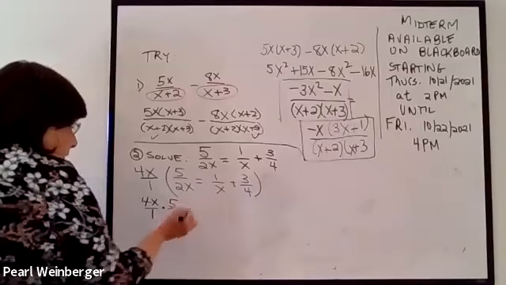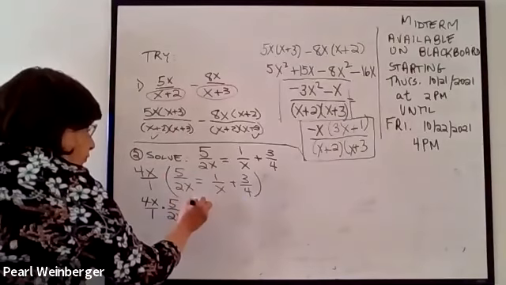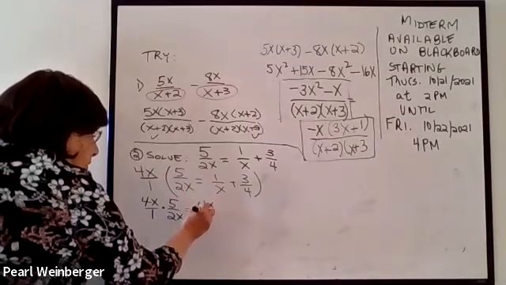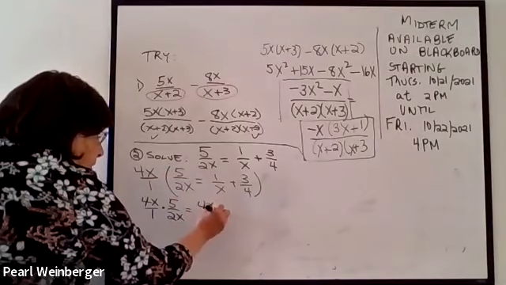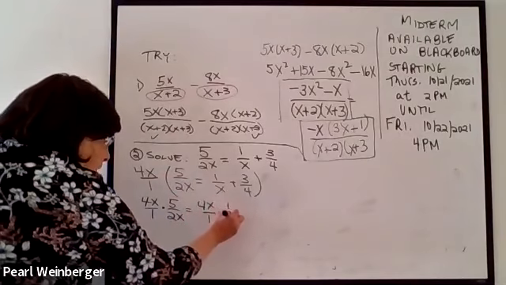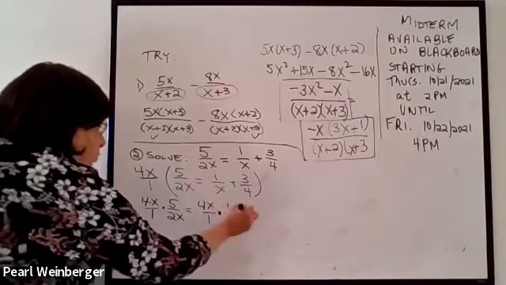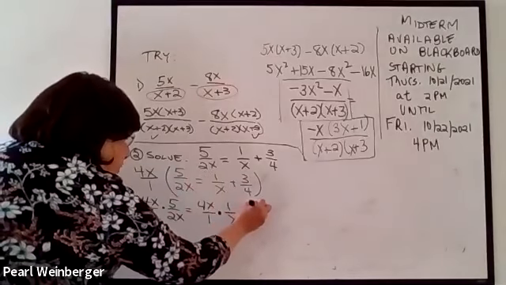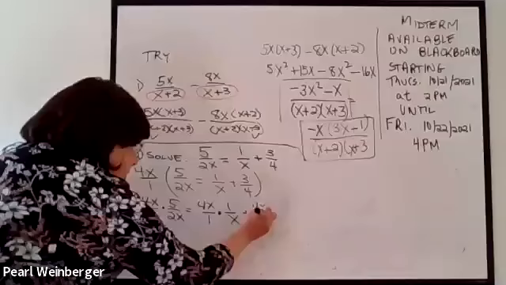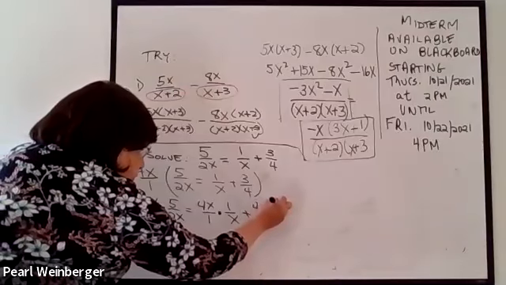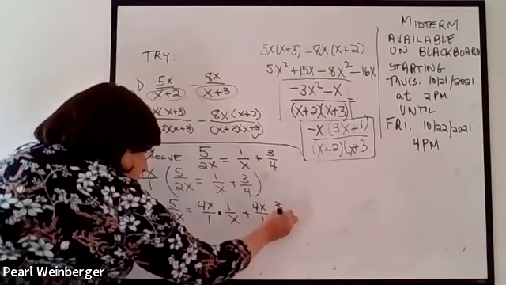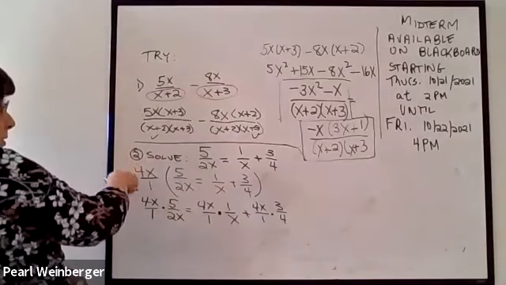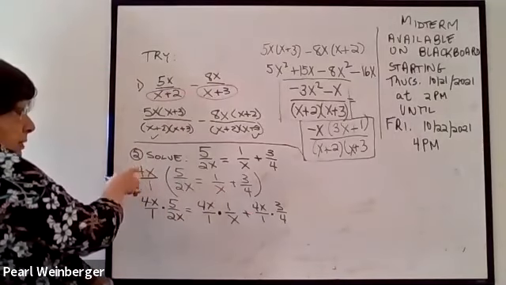And we're going to go to the equal sign, and we're going to take the 4x over 1 and multiply it by 1 over x, and also the 4x over 1 times 3 over 4. Basically, we're multiplying by our common denominator.